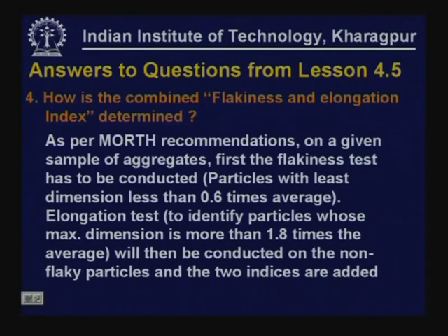Similarly, elongation is the identification of particles whose maximum dimension is more than 1.8 times the average dimension of a given fraction. As per MORTH recommendations, we first conduct the flakiness test, then collect the non-flaky aggregates, then conduct the elongation test on those non-flaky aggregates. Then we add the two indices, that is the combined flakiness and elongation index.